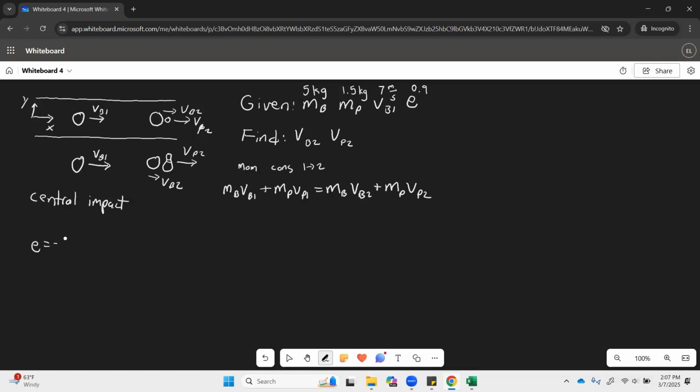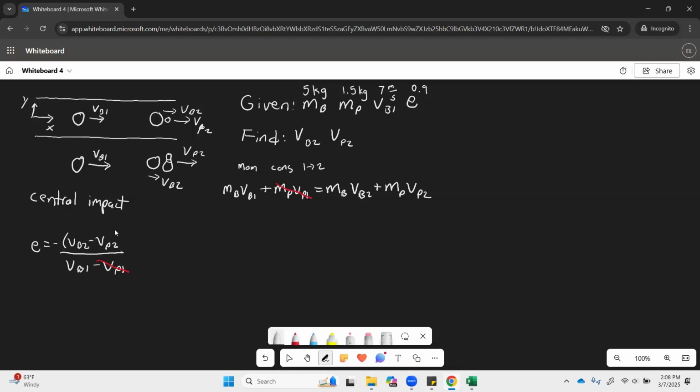E equals negative VB2 minus VP2 over VB1 minus VP1. And then we'll go ahead and cross out this VP1 because that's 0. And here, 0, because the pin is static before the bowling ball hits it.